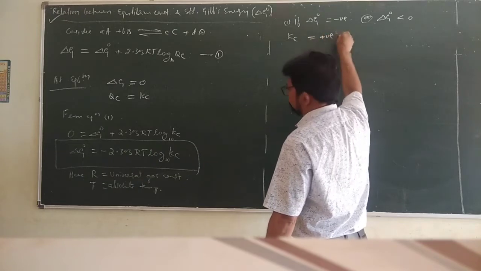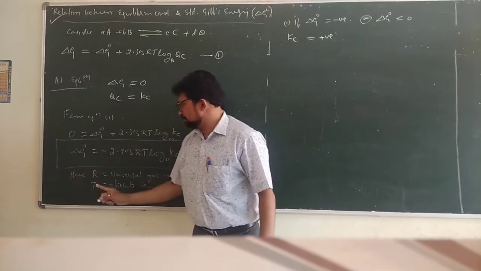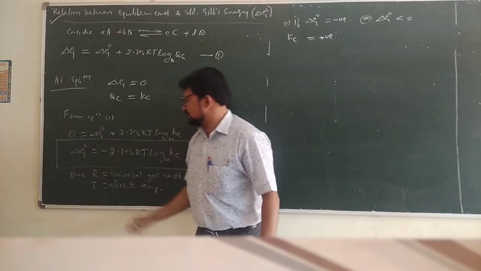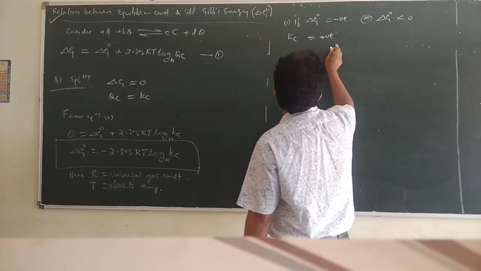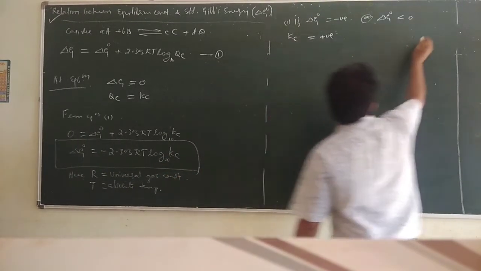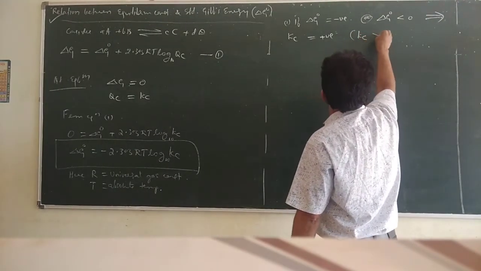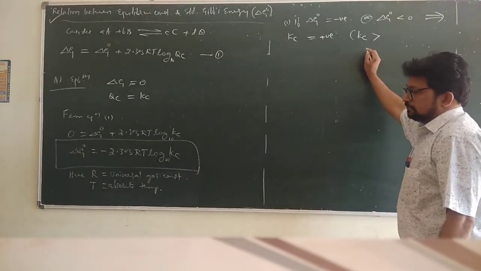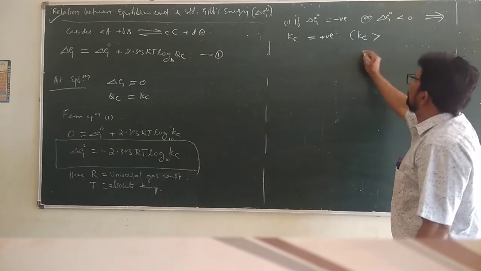Minus gets cancelled on either side, so Kc will be positive. Try to understand. Kc positive in the sense Kc is greater than 0.